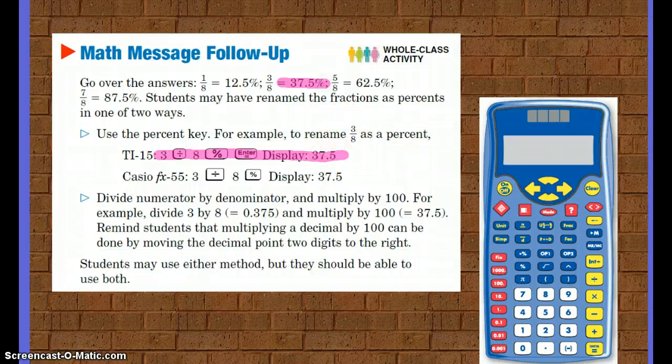So 3/8 written as a percent would be 37.5. Practice doing 1/8 and check your answer to make sure you come up with 12.5, and try it again with 5/8 and make sure you're coming up with 62.5.